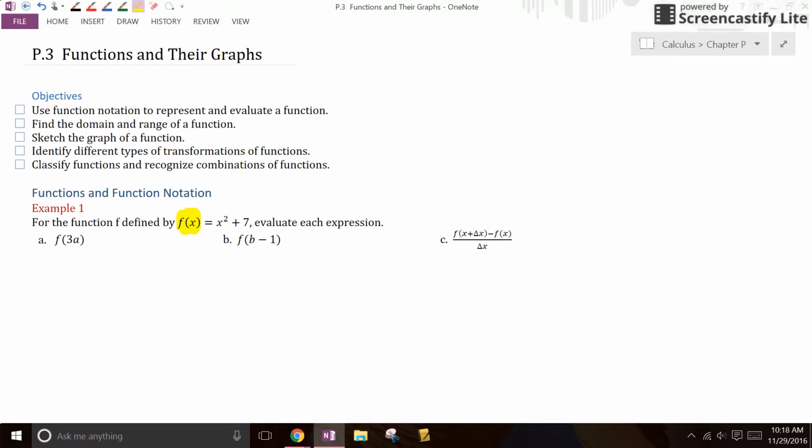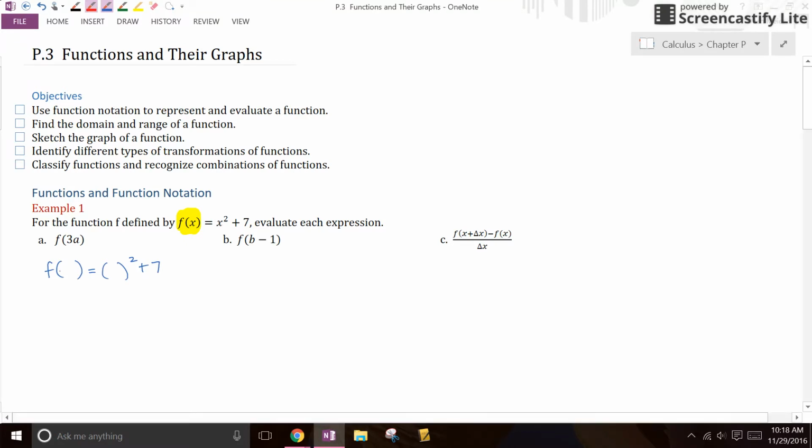And then I ask you different questions like I do down below, like what's f of 3a? So that means what would the function look like if you evaluated it with a 3a in its place? Well, we know that f of whatever is equal to whatever squared plus 7, right? Because it was f of x is equal to x squared plus 7. Now I'm going to go ahead and do what you wanted me to do.